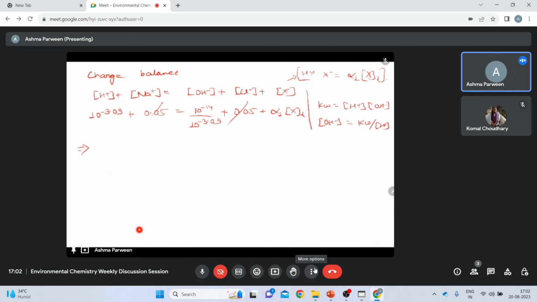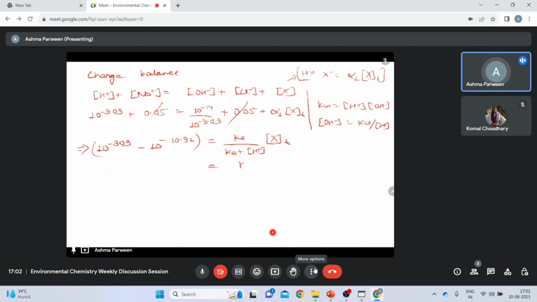Let's solve it further. So we have 10 raised to power minus 3.09 minus 10 raised to power minus 10.91, by doing minus 14 plus 3.09, and we can write alpha 1 as Ka upon Ka plus H plus into X total.